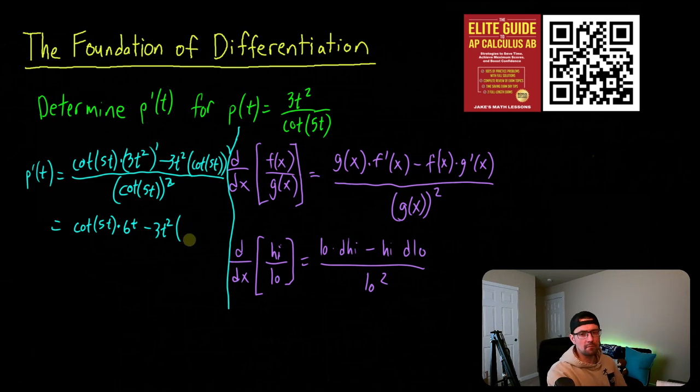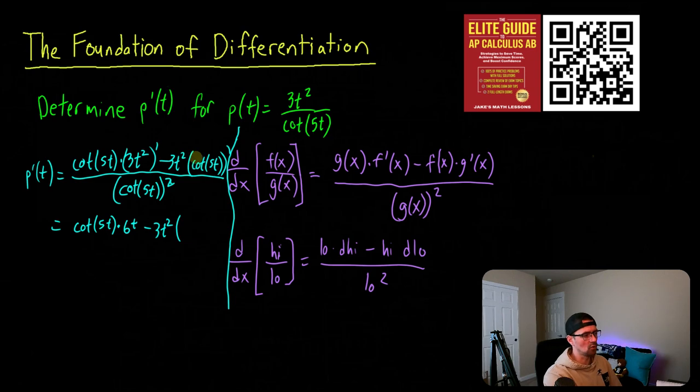I did make a video recently talking about the derivative of these different trig functions. If you want to go check that out, I'll put an info card up at the top. The derivative of cotangent is negative cosecant squared. To find the derivative of this cotangent of 5t term, we have to apply not only the derivative of the trig functions, but also chain rule, because we have cotangent of 5t, not just cotangent.